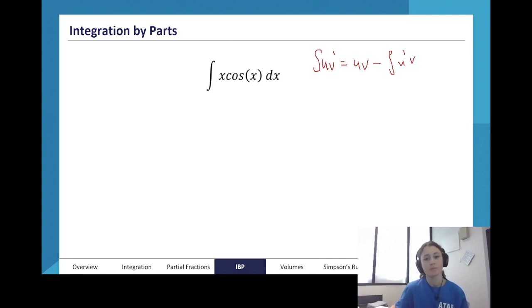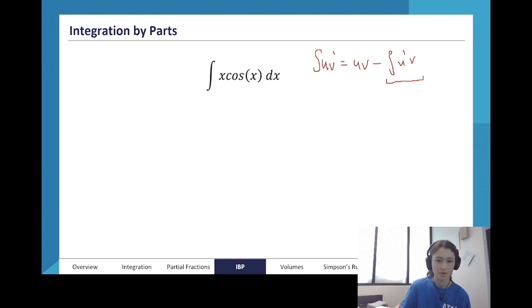So we know that the derivative or the integral of one of these is going to make things easier for us. For whatever reason, the product of the integral of one and the derivative of the other is going to give us an easy integral that we can actually find.